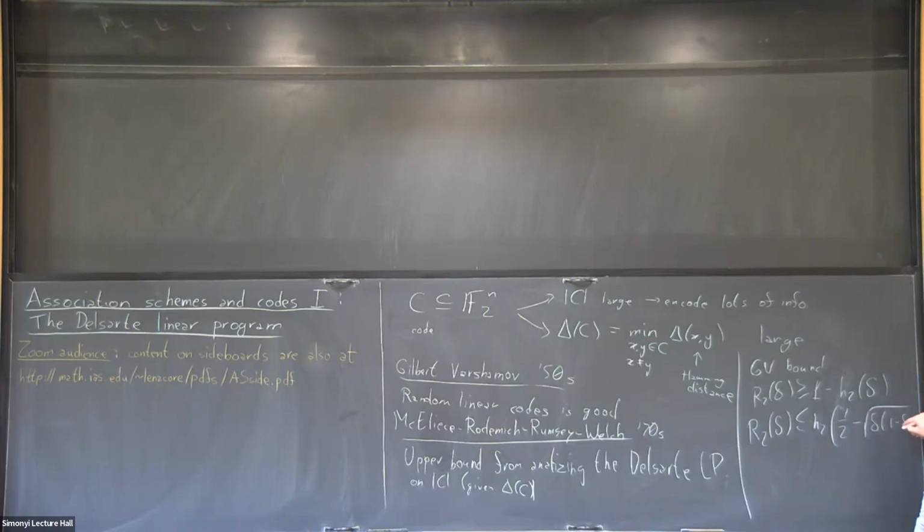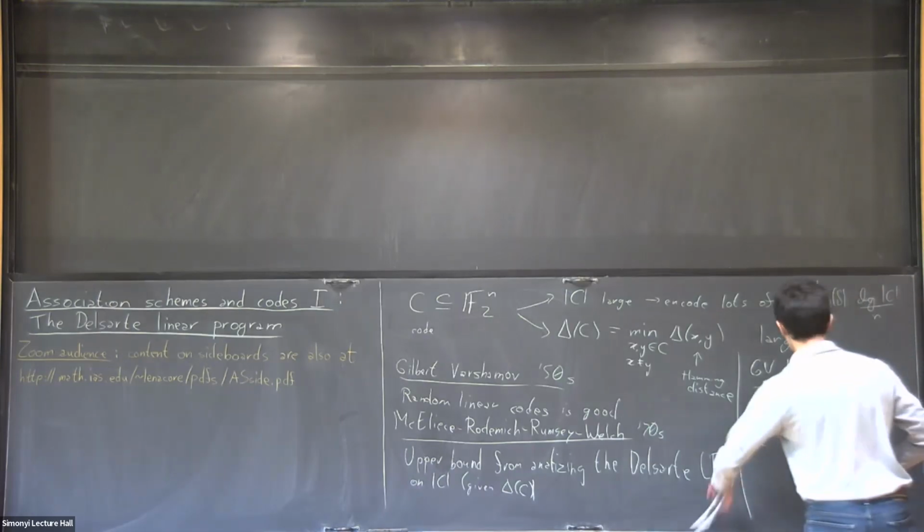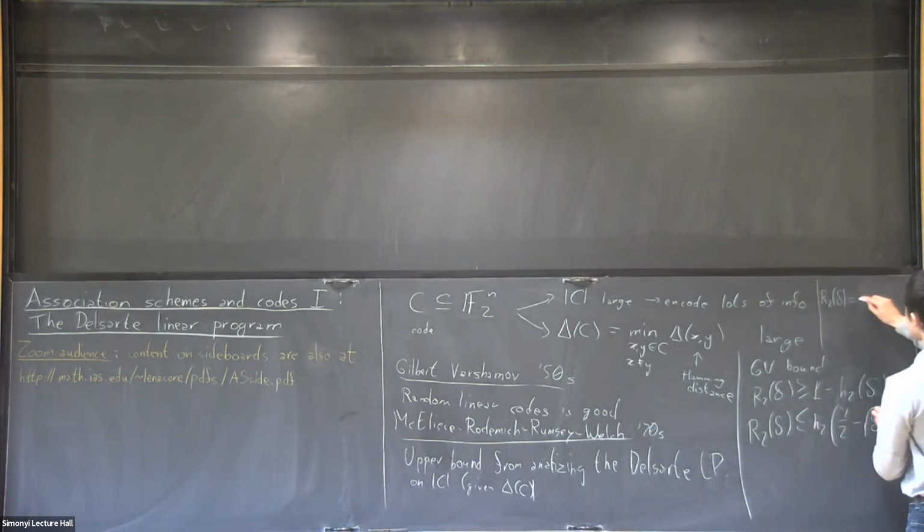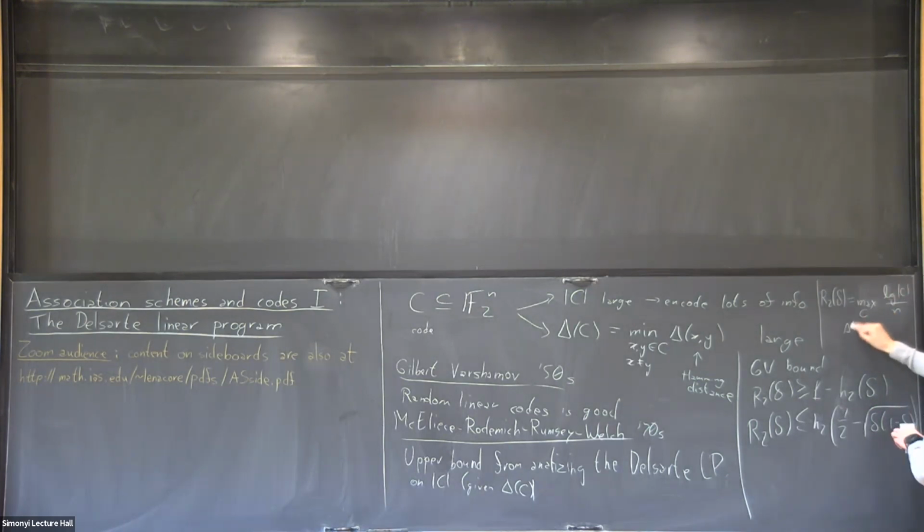Here by rate I mean log base 2 of the size of the code divided by n, and you maximize over codes C such that the distance of C is delta n. So these are the bounds.